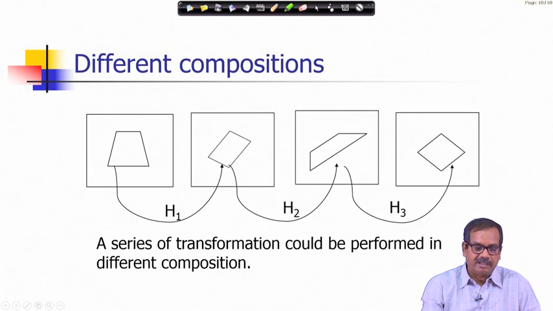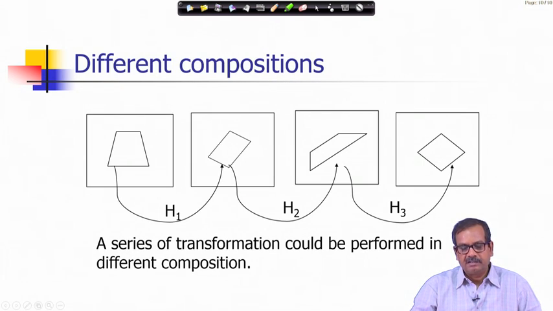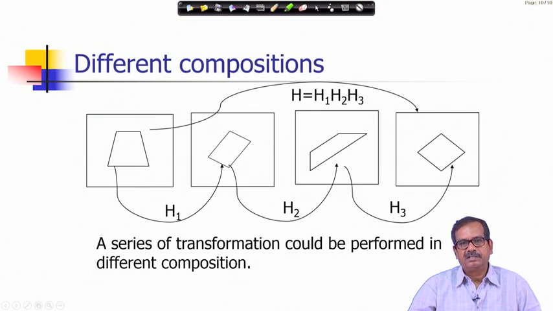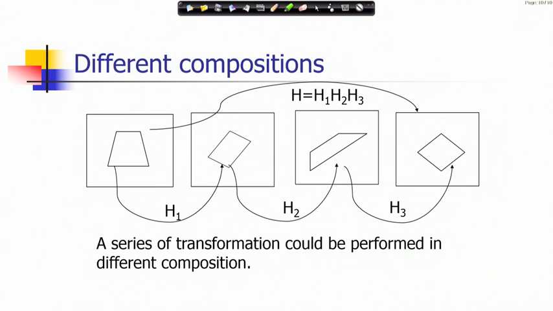The other implication is that if I consider a series of transformations, first transforming points by H1, then the transformed points by H2, and from the third space to a fourth space by H3, then by applying the cascade we can simply multiply all these matrices H1, H2, H3 and get a single transformation. We can equivalently represent it by a single transformation from the first to the fourth space.